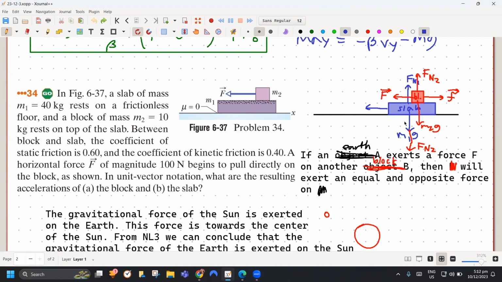The block and the slab. Tapos, kinetic friction siya which means yung slab nagsa-slide din. So hindi sila pareho ng acceleration.